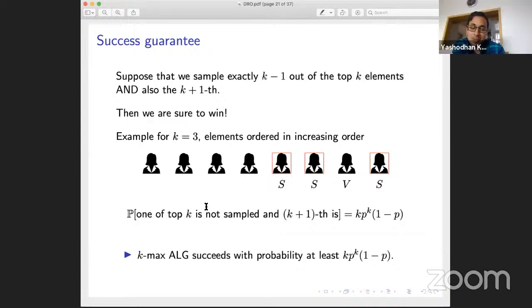No. That's fine. So the probability that this happens is actually k times p to the k times 1 minus p, right? So I sample these k guys. I didn't sample one of these guys, and there are k possibilities for the one I didn't sample, which could have been anyone from the first to the kth, right? So the algorithm succeeds with at least this probability. I pick the right k, which is the floor of 1 over 1 minus p, and I get my guarantee. Cool.